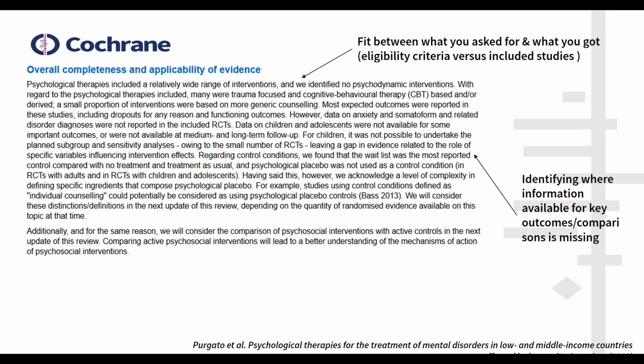It's also a nice way of bringing it back to what they're going to do for the next version of the review, and how it's going to inform their thinking for the future. So they've tied a number of things together: the eligibility, the completeness in terms of the outcomes and key comparisons, and how they're going to approach the review question in the future, which was a nice reflective thing to do.